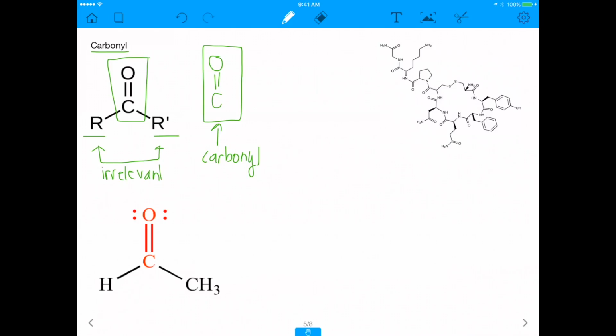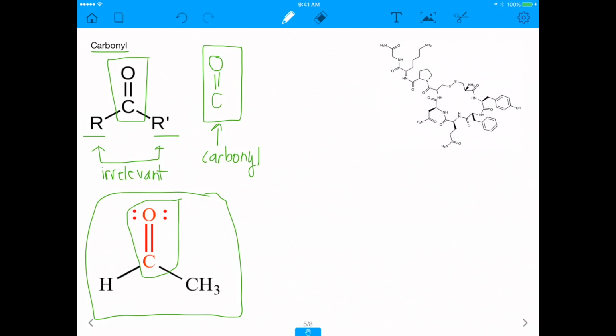If you really want to just know what I'm talking about, here is an example of a normal organic chemistry molecule at the lower left-hand corner. The part that's highlighted in red is the carbonyl group, and we don't care about anything else. As long as you have a carbon bonded to an oxygen with 2 bonds, that is a carbonyl group. So now let's look in the upper right-hand corner. Are there any carbonyl groups in this molecule?